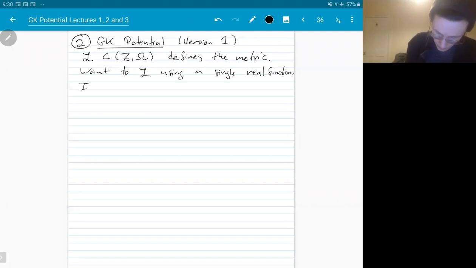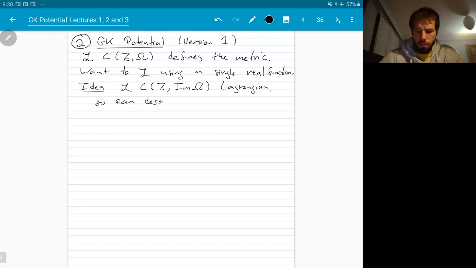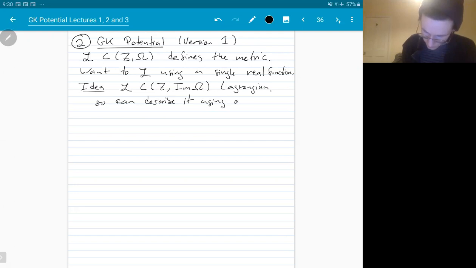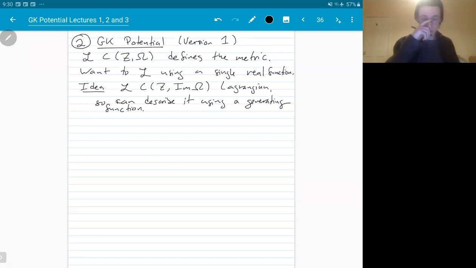And the way to do it now is kind of clear, because L viewed inside of Z with the imaginary symplectic form is Lagrangian. So we can describe it using a generating function. I'll just describe the details of this.